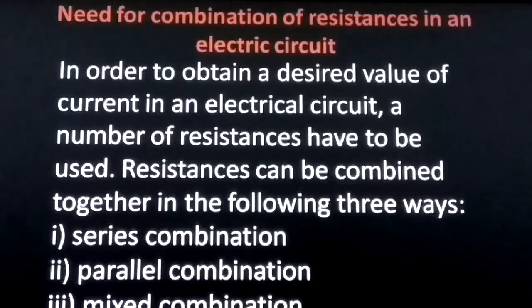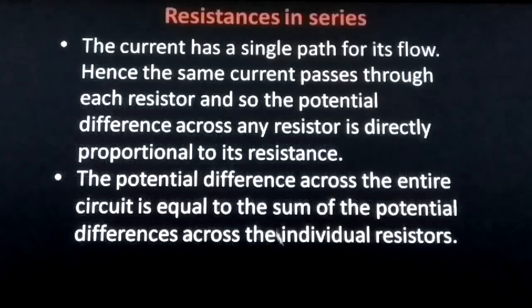So therefore we classify the resistance combination as three types. First one is the series combination, second one is the parallel combination, and third one is the mixed combination. Okay, so now we will see one by one. Resistance in series.